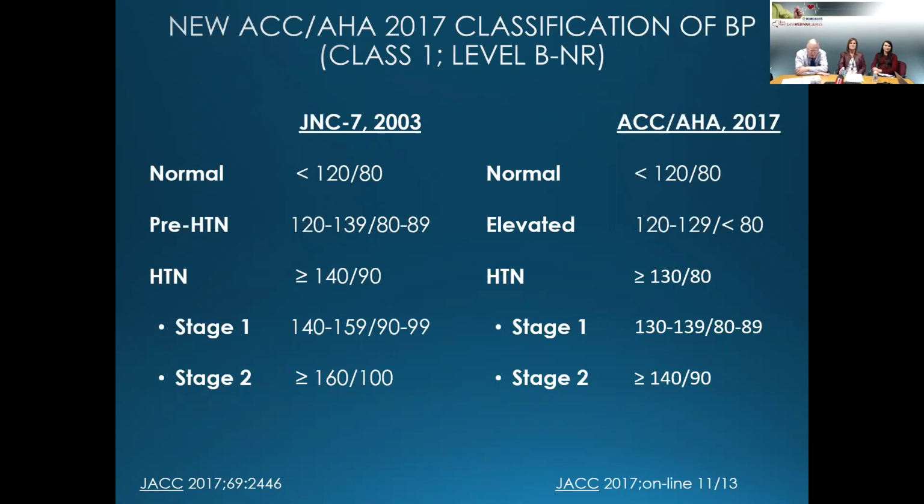However, a blood pressure of 120 to 129 over less than 80 is now defined as elevated blood pressure, and hypertension is now defined as a blood pressure of 130 over 80 or higher rather than 140 over 90 or higher. And stage 1 hypertension is now defined as a blood pressure of 130 to 139 over 80 to 89, with stage 2 hypertension as a blood pressure of 140 over 90 or higher.